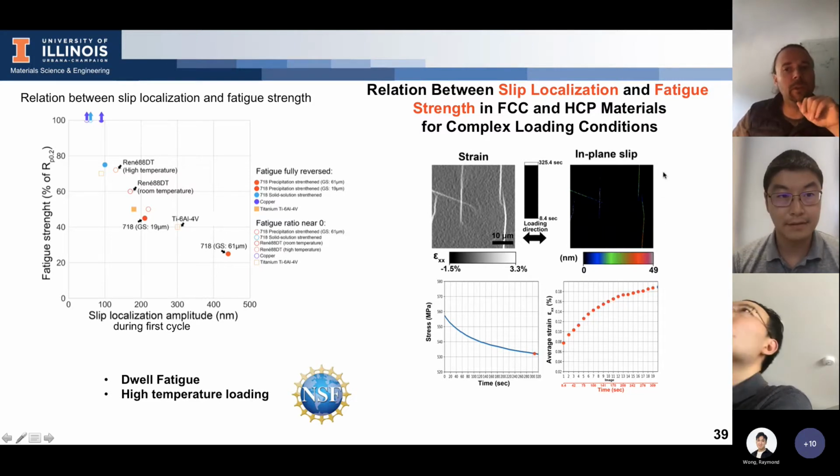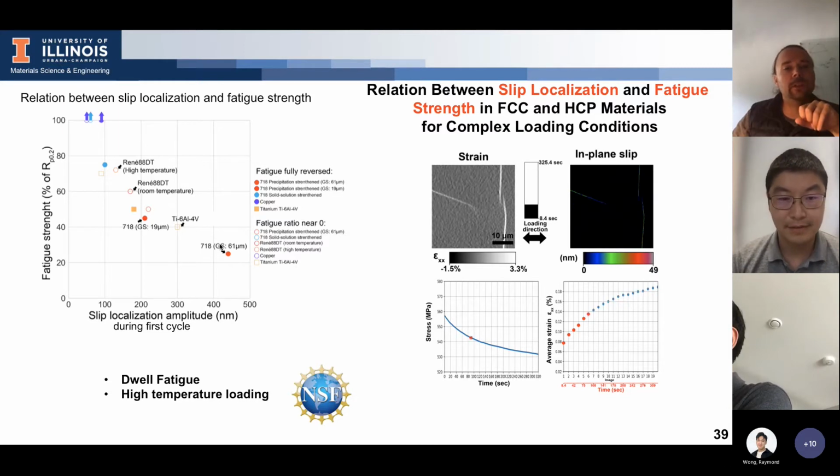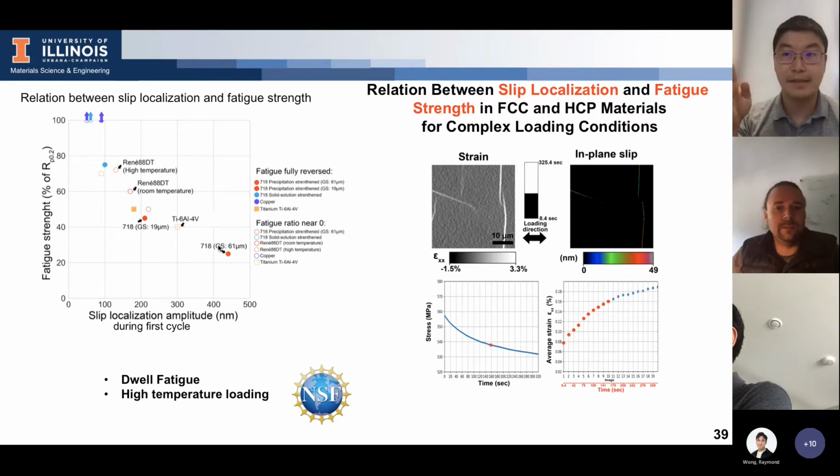And if you take the highest amplitude at the end, it fits well with the debits in fatigue. So that worked very well also to predict the effect of dwell on the fatigue life. I see. So you are using the last step of that holding to inform the dwell debit. Yes.